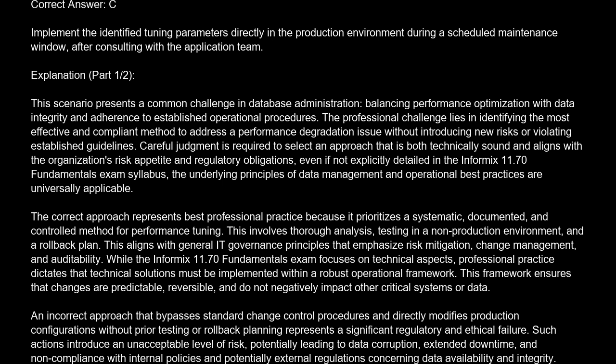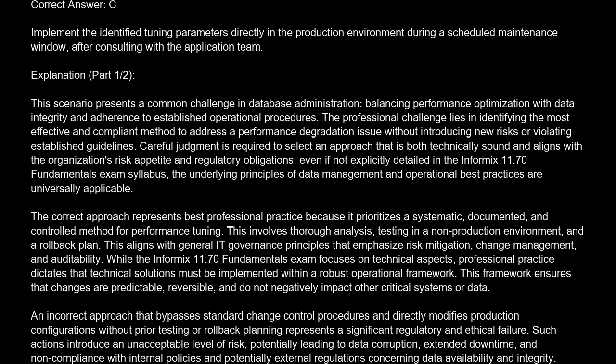Careful judgment is required to select an approach that is both technically sound and aligns with the organization's risk appetite and regulatory obligations, even if not explicitly detailed in the Informix 1170 Fundamentals exam syllabus. The underlying principles of data management and operational best practices are universally applicable.